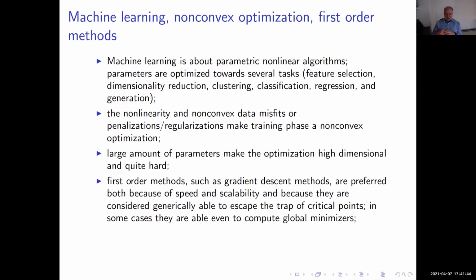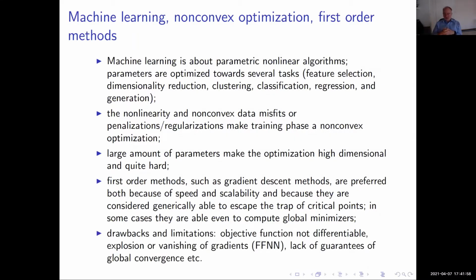These methods are even able to compute global minimizers for certain types of machine learning problems where the landscape is nearly convex. But in general, first of all, they require the function to be differentiable to be really able to use them.